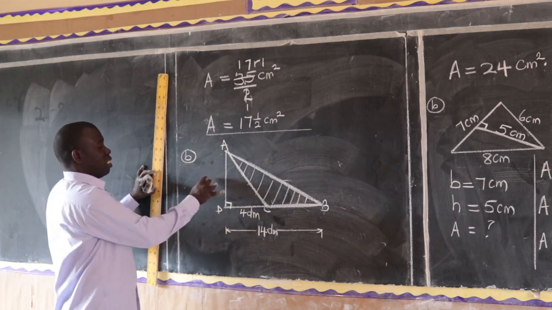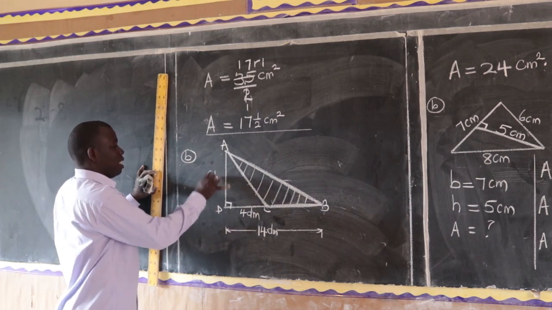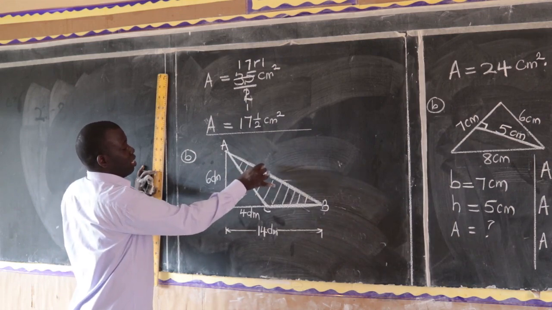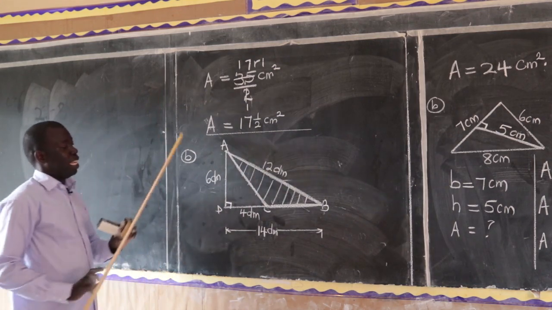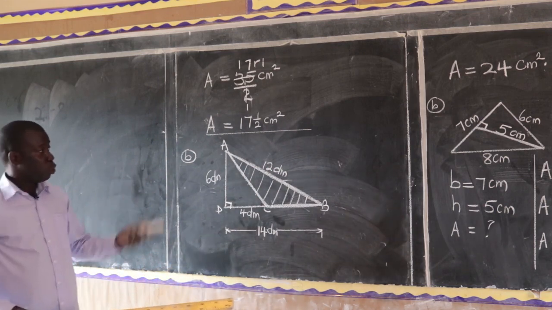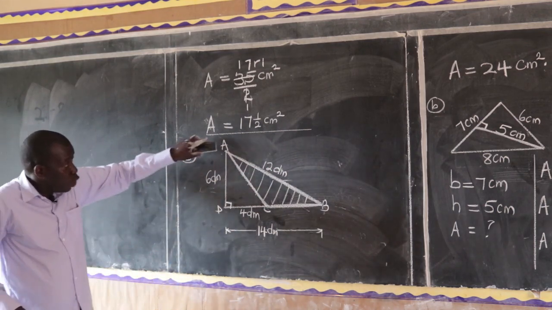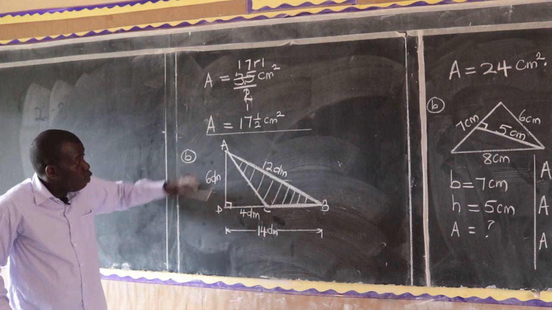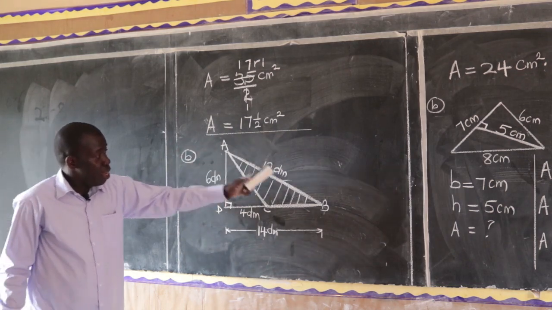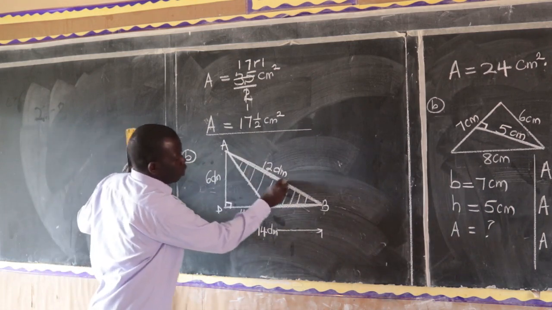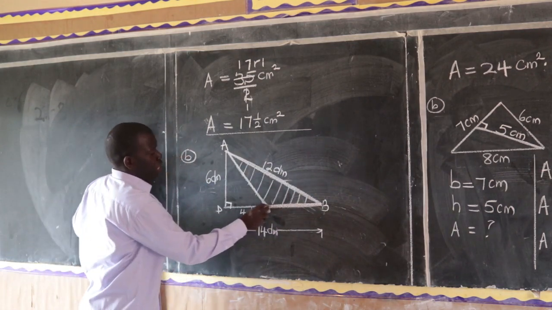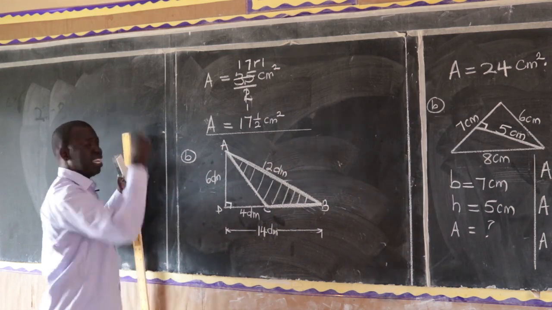In most cases, okay, let me have this as 6 decimeters. This one is 12 decimeters. So I have changed that, though my question was saying find the area of the figure. Now, this question is find the area of triangle ABC. Come from A to B to C and back to A.